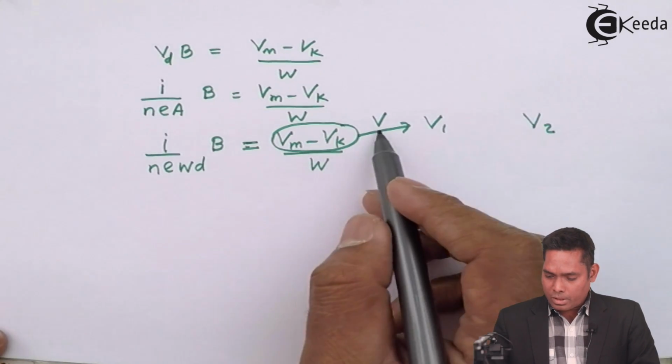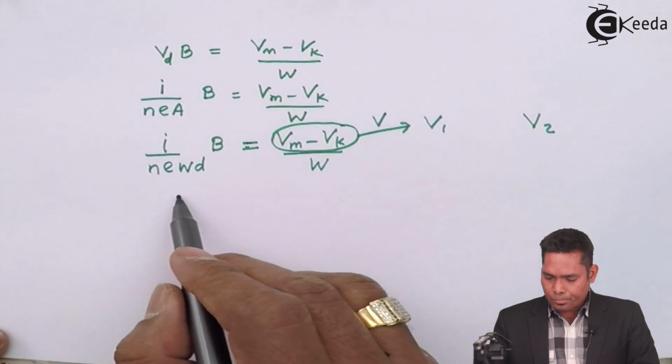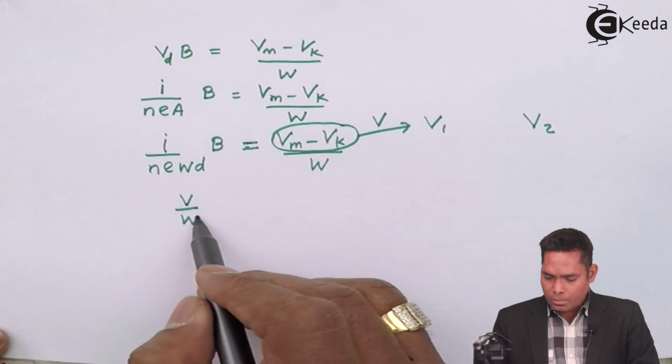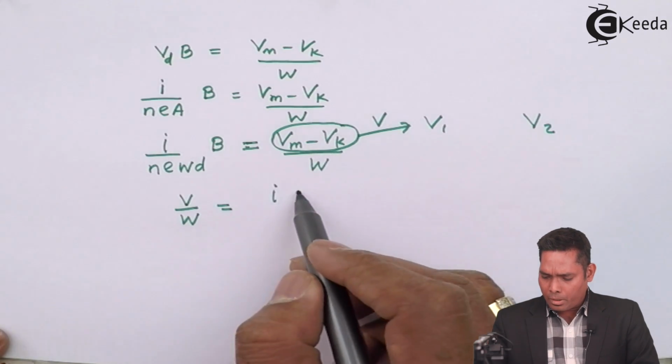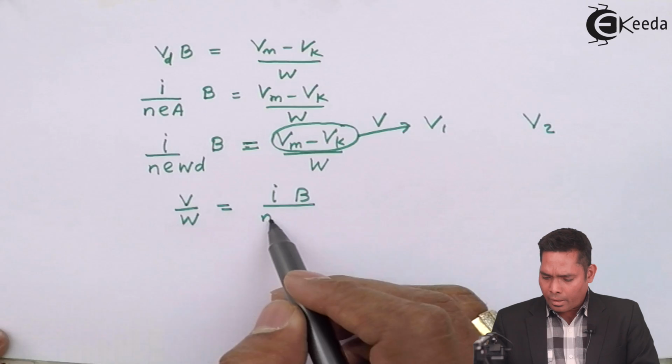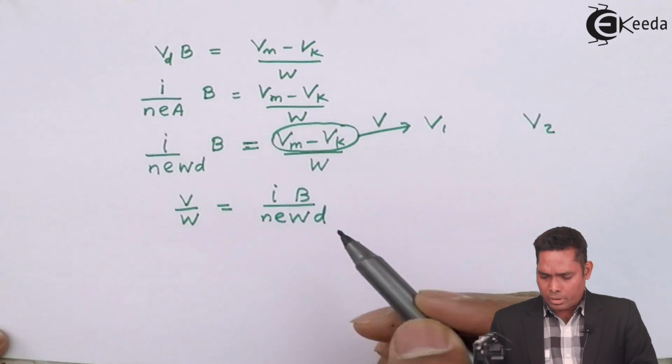So this potential difference V by W comes out to be IB divided by NEW.